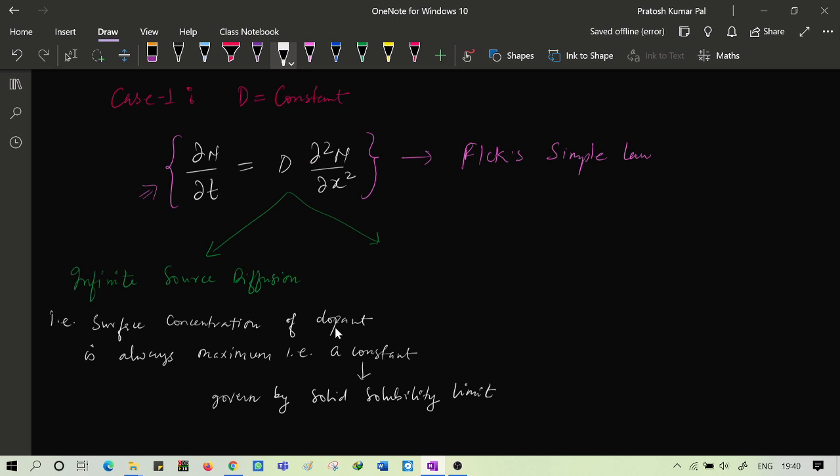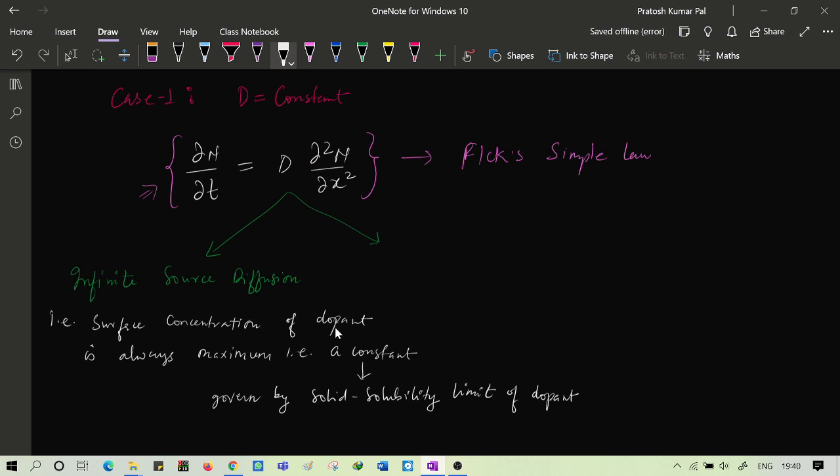Whatever is the maximum concentration of the dopant that is available is defined as the solid solubility limit value. So the maximum concentration of dopant is given by the solid solubility limit of the dopant. What is the highest value of dopant on the surface? The concentration of dopant at the surface at its maximum value is called the solid solubility limit value.